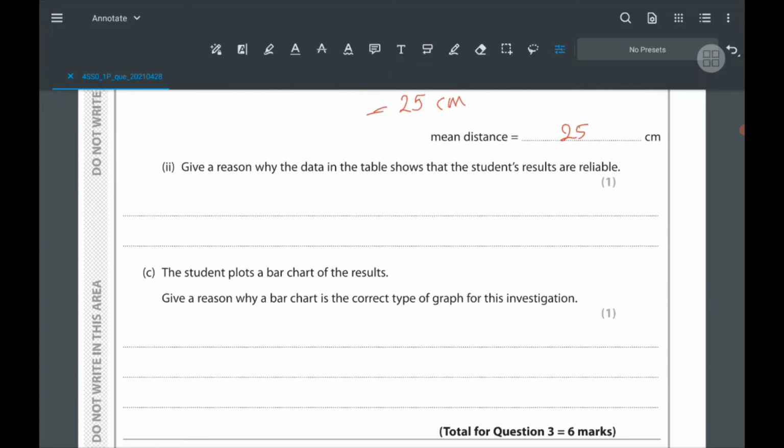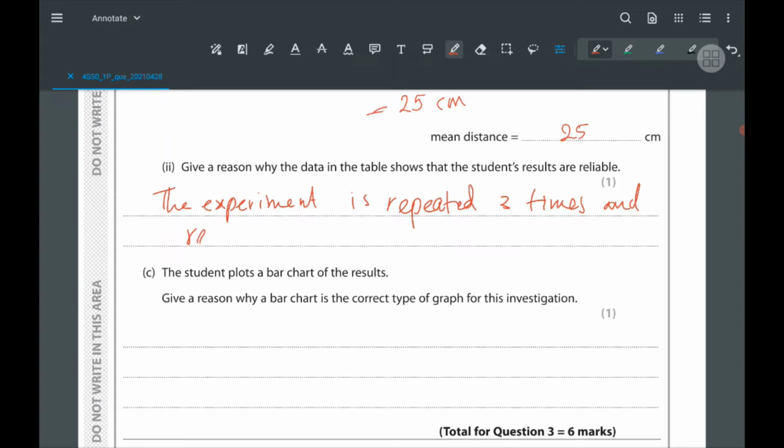So, we can say that the experiment is repeated 3 times, and readings are also consistent, in the same range. It didn't deviate so much.